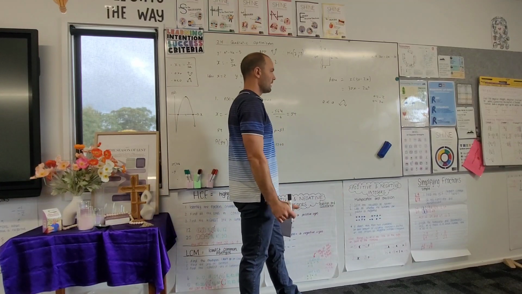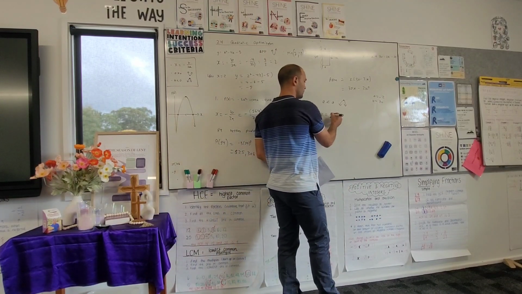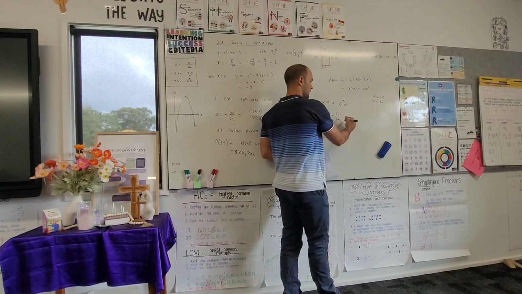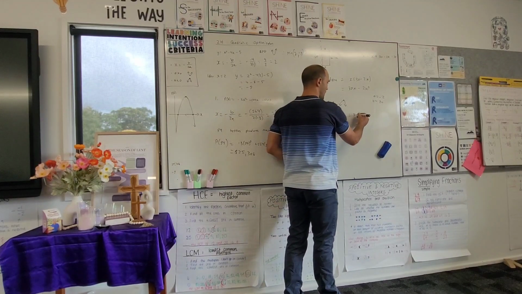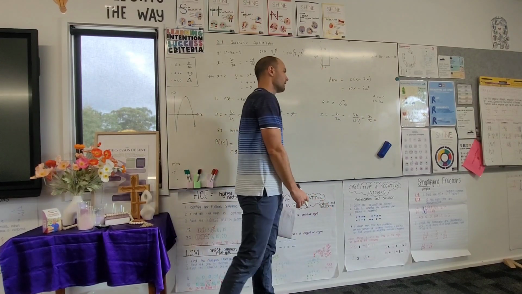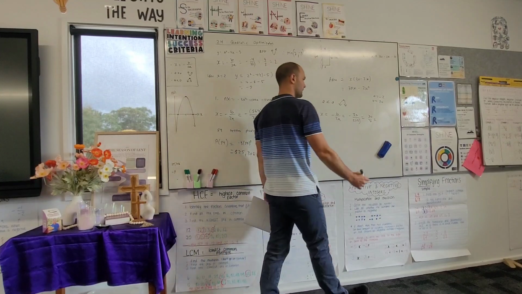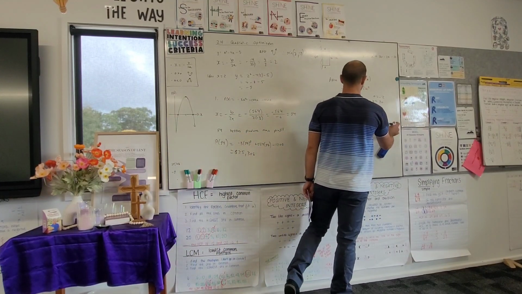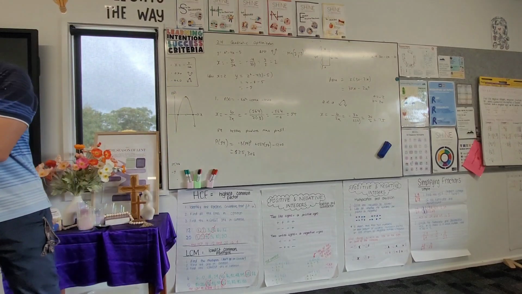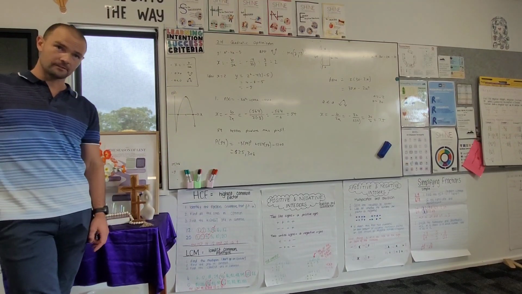All right. And so we're going to say, well, the x coordinate of the maximum is minus b divided by 2a. In this circumstance, minus 30 divided by 2 times minus 2. We have 30 on top of 4. 30 on top of 4 will be 7.5. So the x value is 7.5.